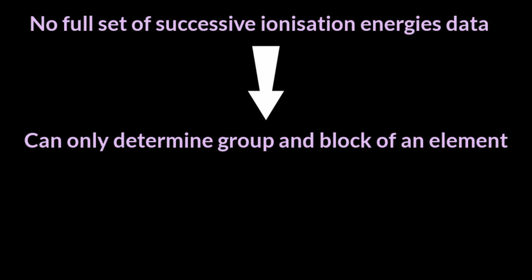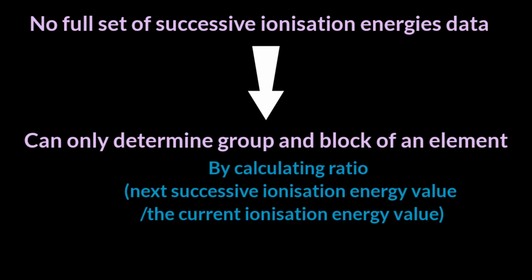For this, instead of plotting a graph, we just need to calculate the ratio. So how to calculate the ratio? Basically, we use the next ionization energy value divided by the previous ionization energy value.